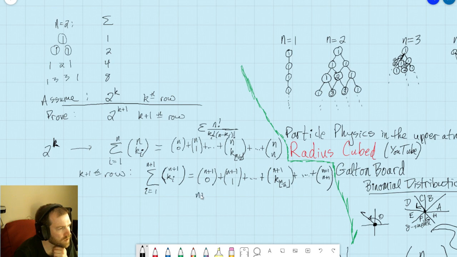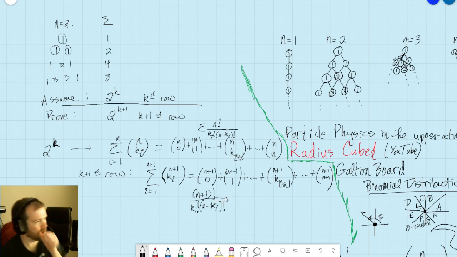And this one is going to be n plus 1 factorial over k sub i factorial times n plus 1 minus k sub i factorial. That's the sum.